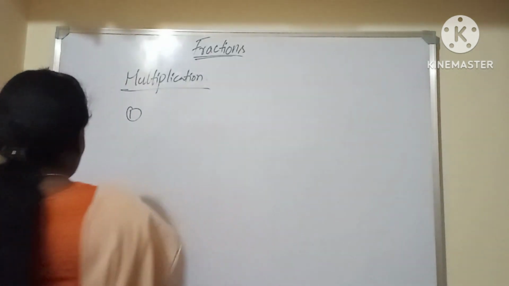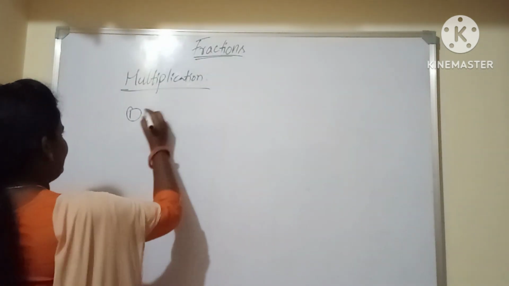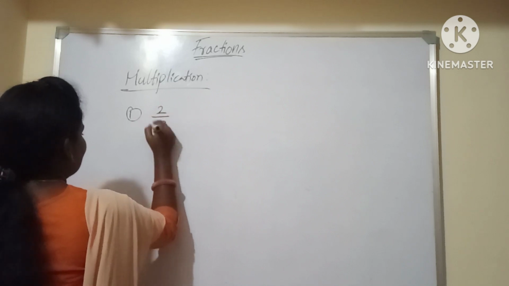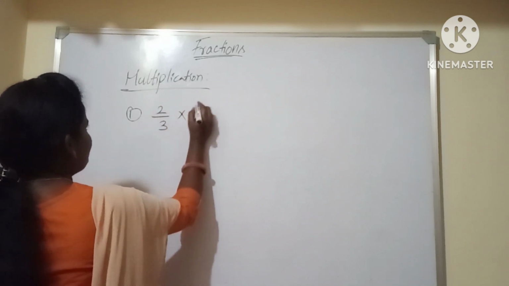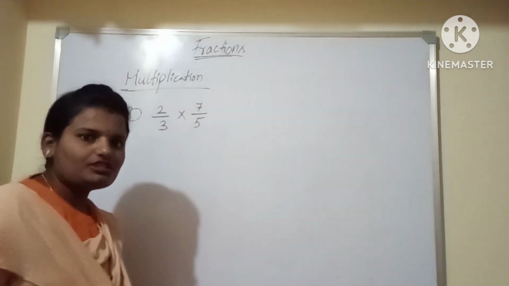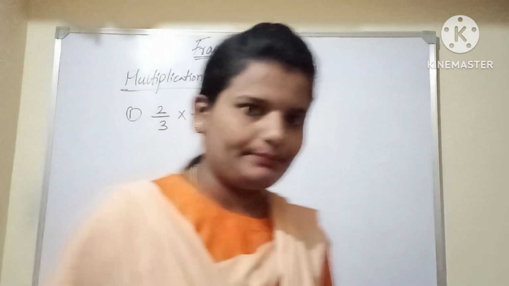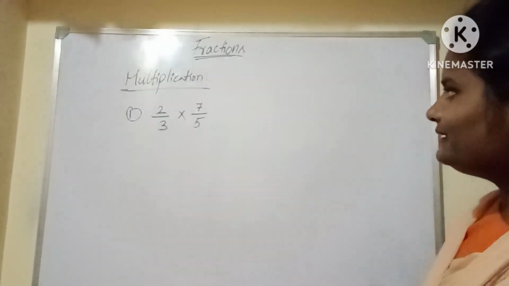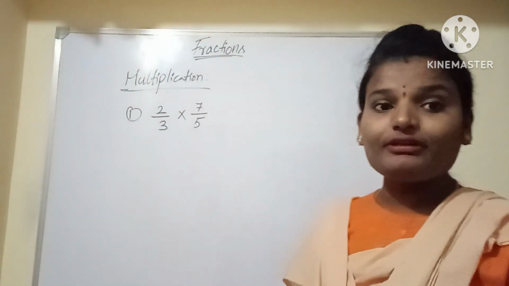We can do it directly. Suppose the fractions I am taking are 2 by 3 into 7 by 5. These two fractions I should multiply.